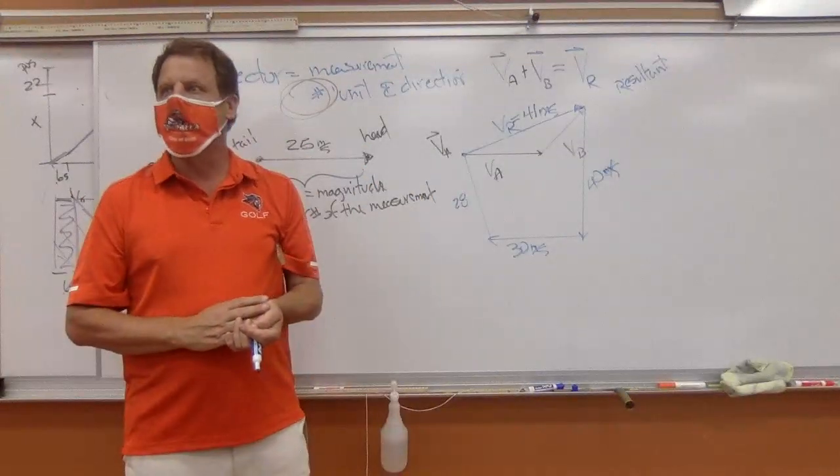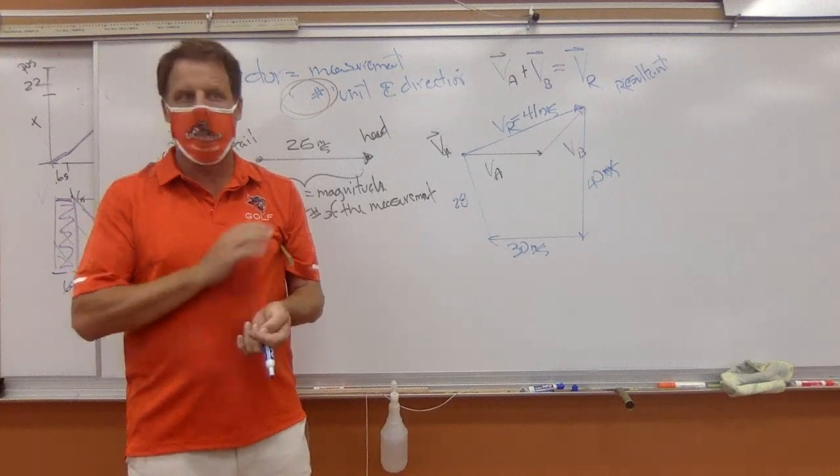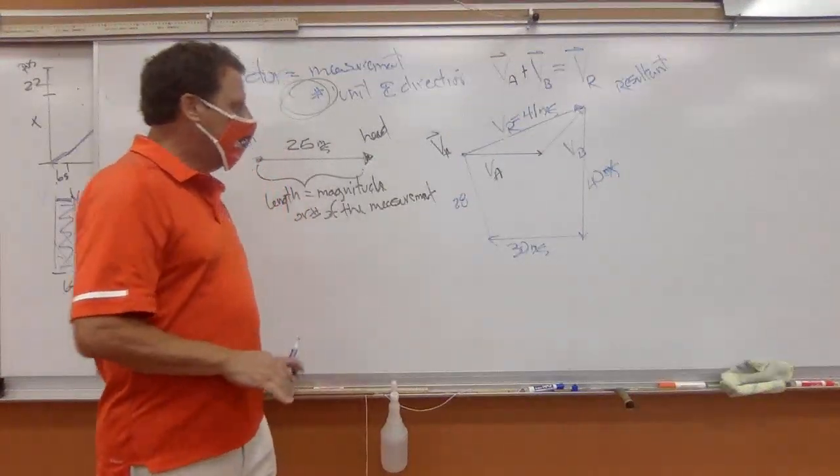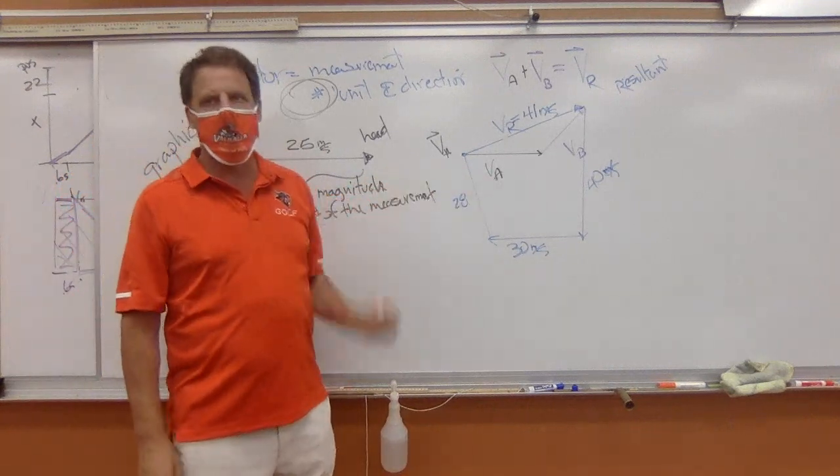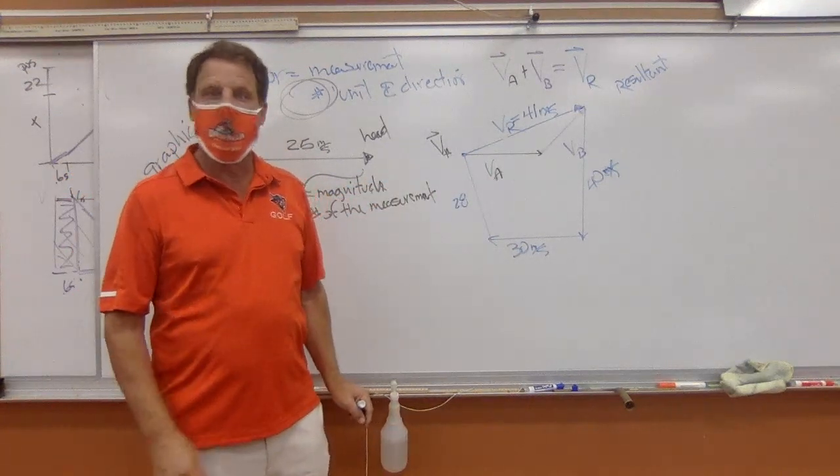Okay, easy peasy part. Now we're going to get to the analytical part. So, you guys, I'm going to go back to just adding vector A and vector B together.